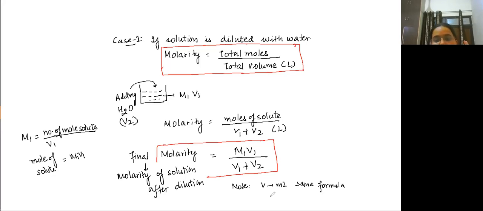If all volumes are in liter, then also the same formula. Is this clear? Formula is M1 V1 divided by V1 plus V2, whether volume is in ml or liter. But all volumes should be in ml or all in liter. Now copy this. We'll do one question based on this.